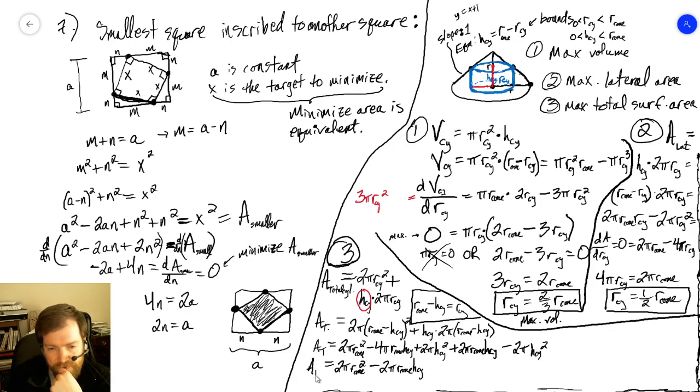So this is a sub t. Yeah, but now we get... No, because when we take the derivative based on h cylinder, this term is going to stay, but this term is going to disappear.